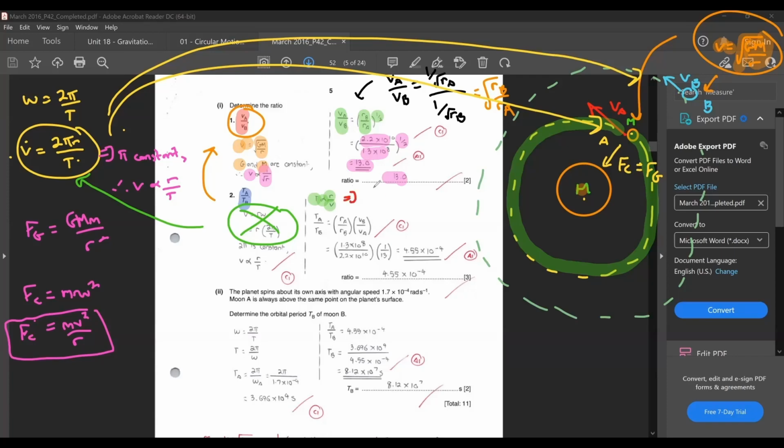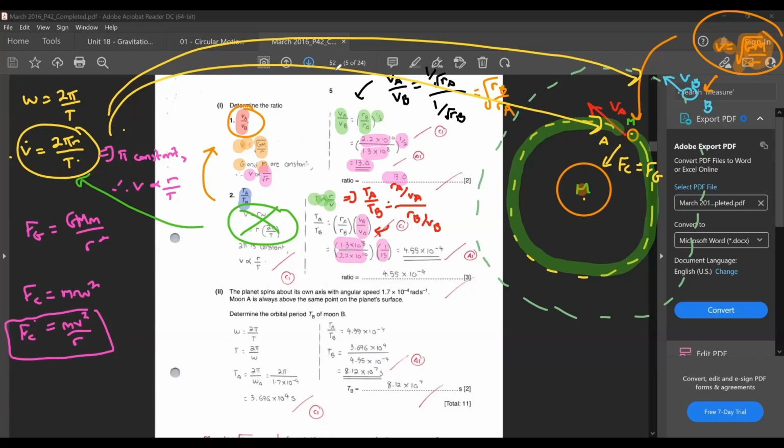Then after that, we want TA to TB, right? TA to TB would be RA over VA to RB over VB, which gets you this. Okay. So the ratio of the radii, you can find from your previous page: 1.3 times 10 power 8 divided by 2.2 times 10 power 10. And then the ratio of VB to VA is 1 over 13.